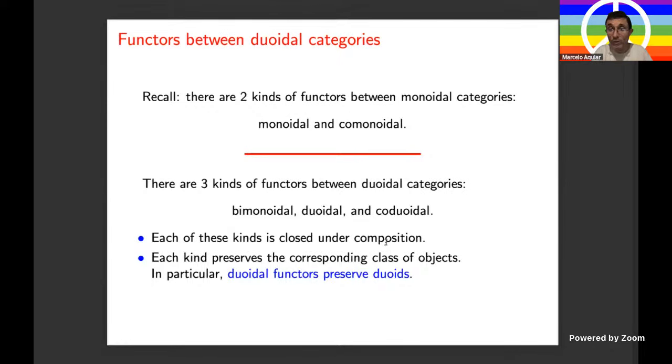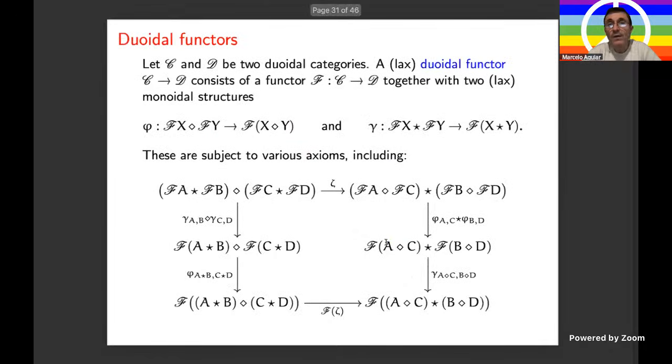So if you apply a duoidal functor to a duoid, the object that you get can be endowed naturally with the structure of a duoid. Quickly, this is what the axiom for duoidal functors looks like. So you have two monoidal structures, I keep referring to these things as monoidal structures. This is a monoidal structure for a functor, phi and gamma, okay, for diamond and for star, and they're linked by this axiom. This is the axiom for a duoidal functor.